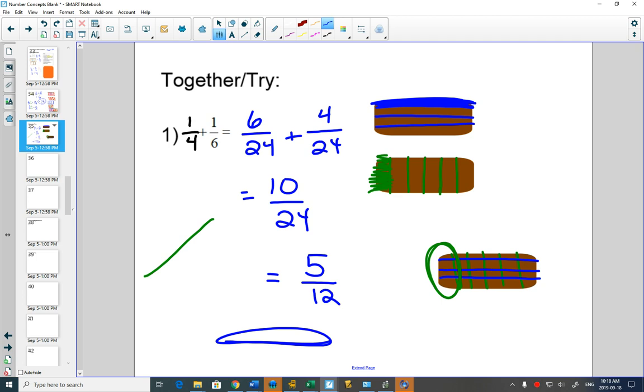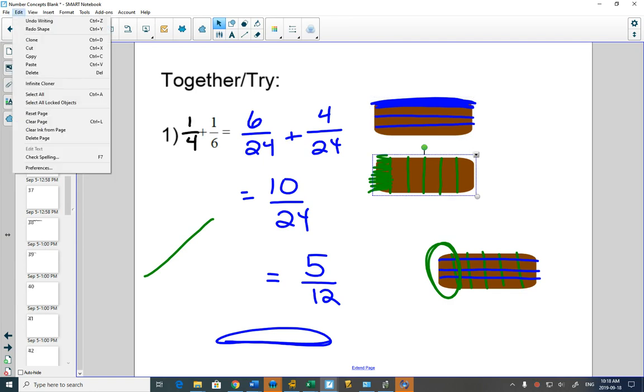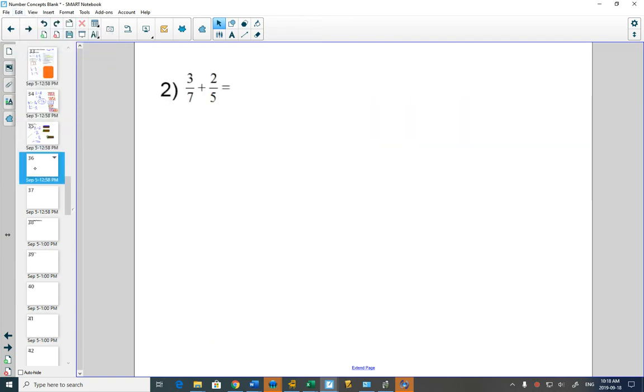That's the same answer that we got before. But the drawing and everything else made it a little bit easier. Especially for this one.